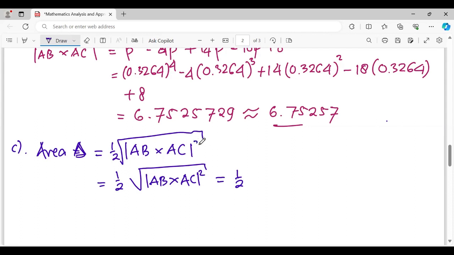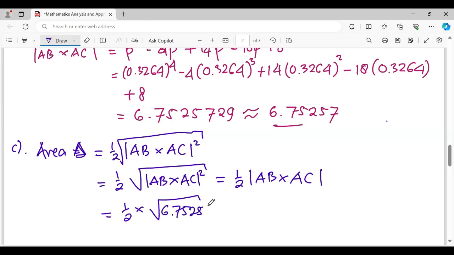So half times AB times AC is the square root of 6.757257.